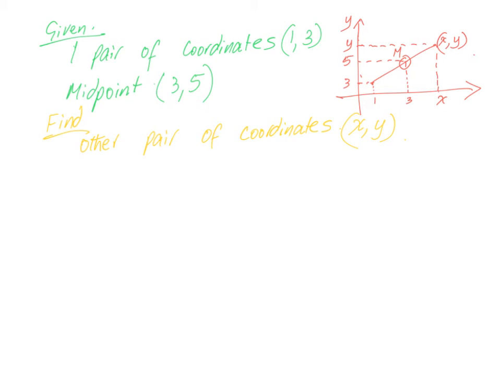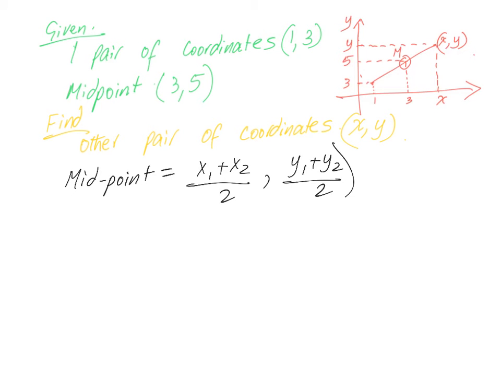Now we already found out in the previous slide that the midpoint formula is you add both the x's and divide by 2, and you add both the y's and divide by 2. So let's use what's on our chart right now. What pieces of information do we have?